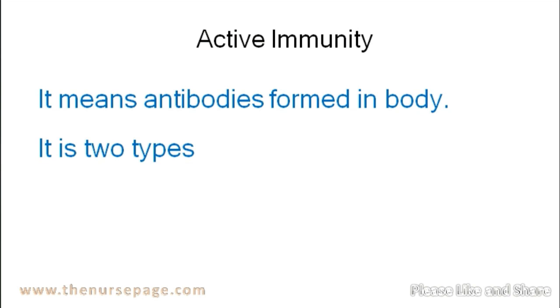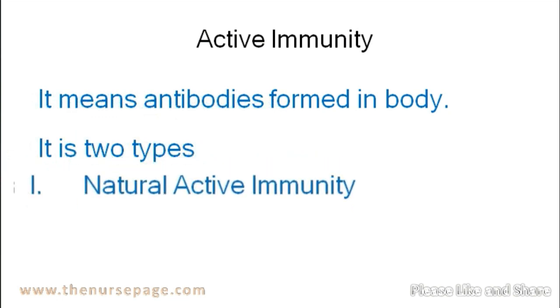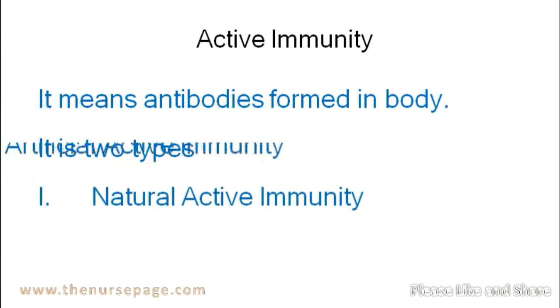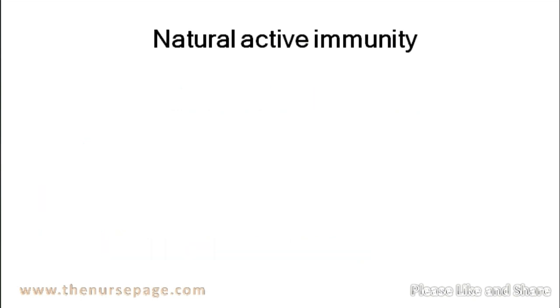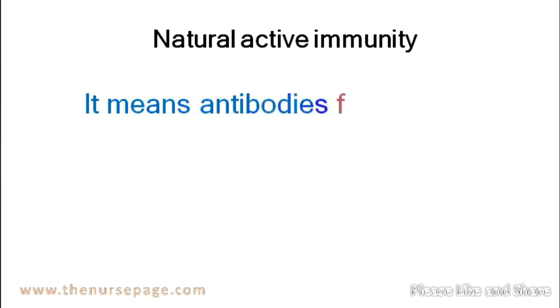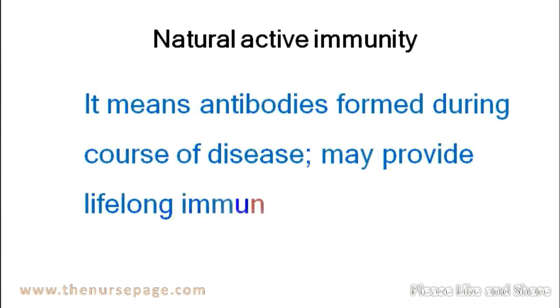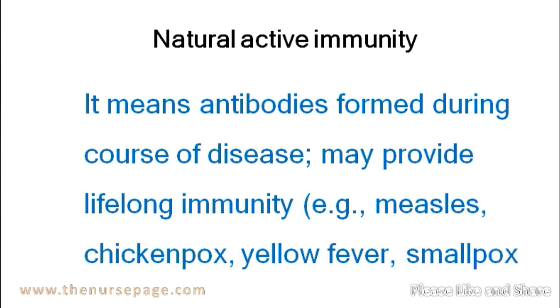That is active immunity. Active immunity is also divided into 2. They are natural active immunity and artificial active immunity. So one by one we can check what is natural active immunity. In natural active immunity, the antibodies are formed during the course of disease. So after exposure to the microorganism, the body will start producing antibodies.